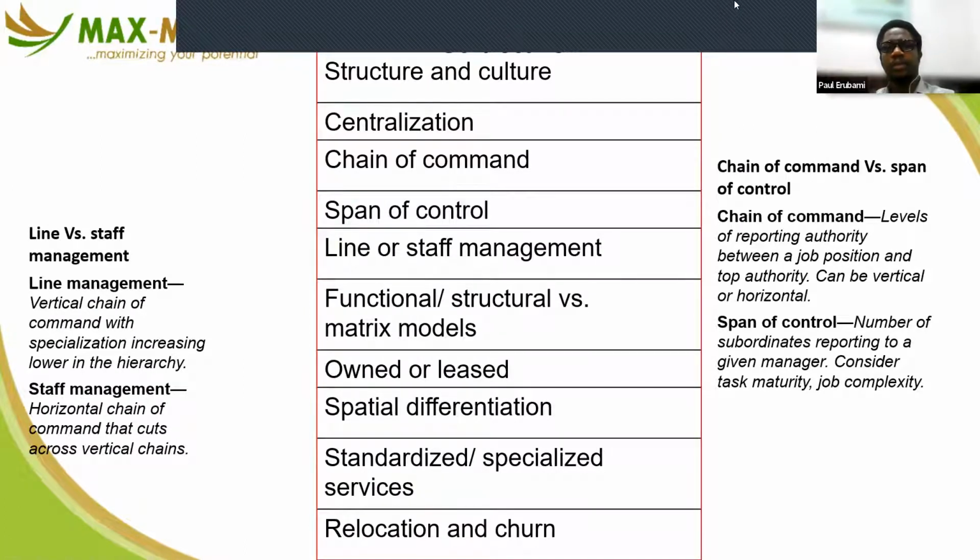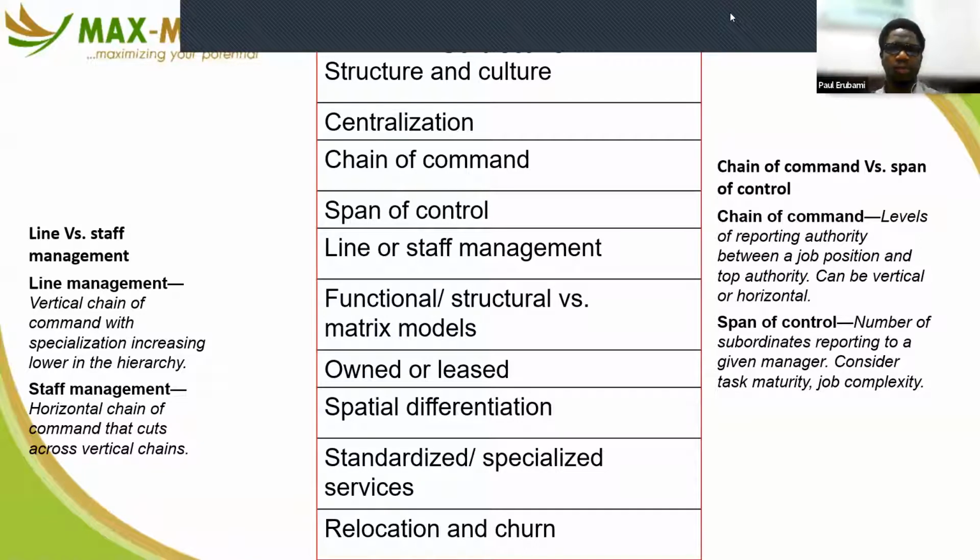We'll take a little look at organizational structure. We're going to look at structure versus culture, level of centralization, chain of command, span of control, and all of the items listed in this particular chart. Every organization has a formal nomenclature: this is how we are structured. It follows different designations and different positions in the organization.